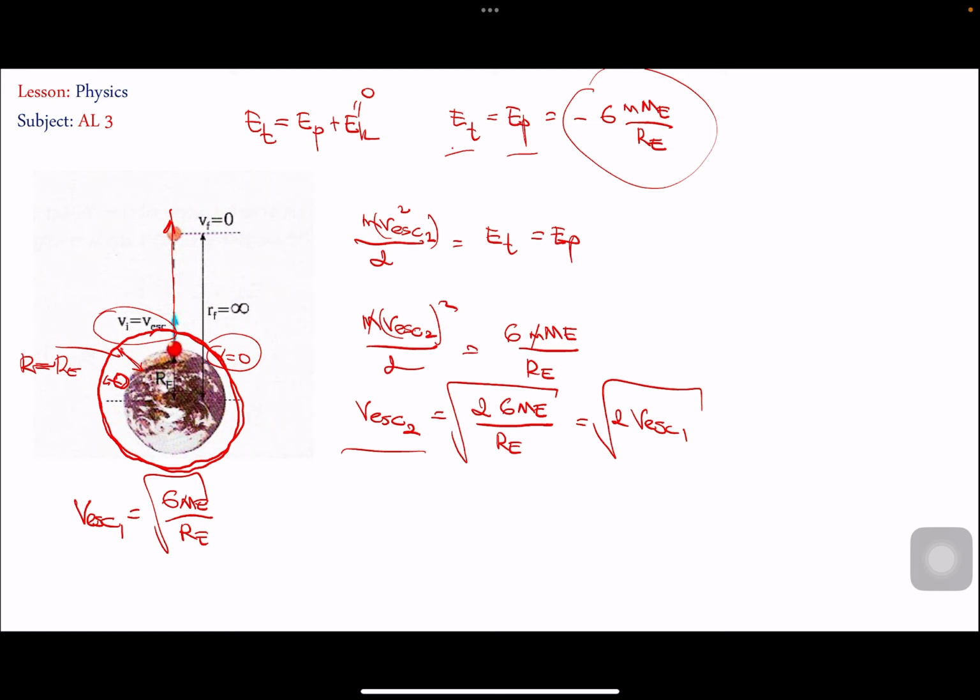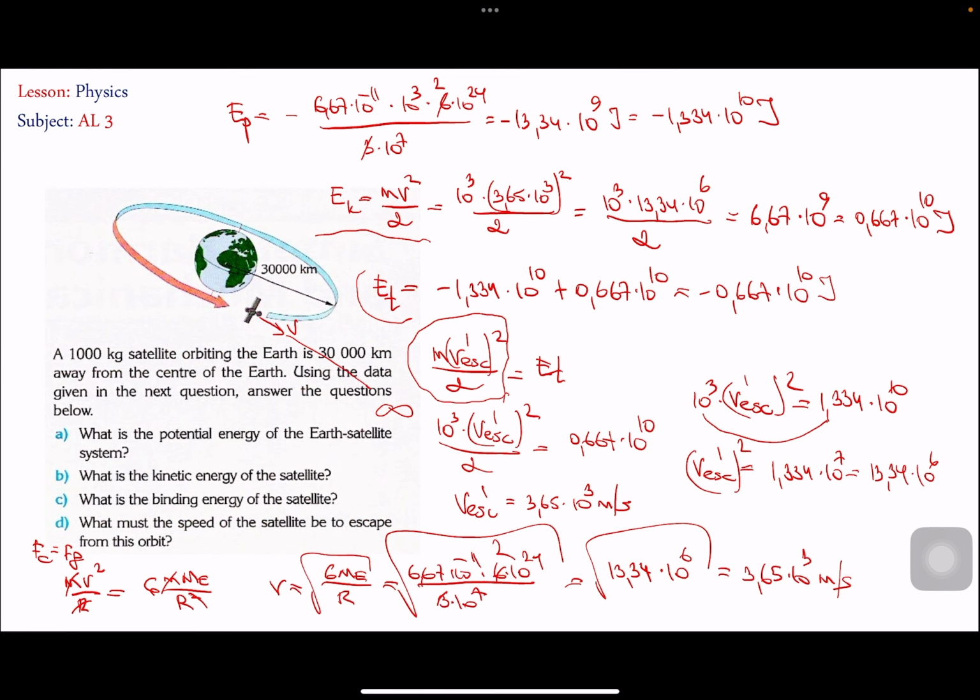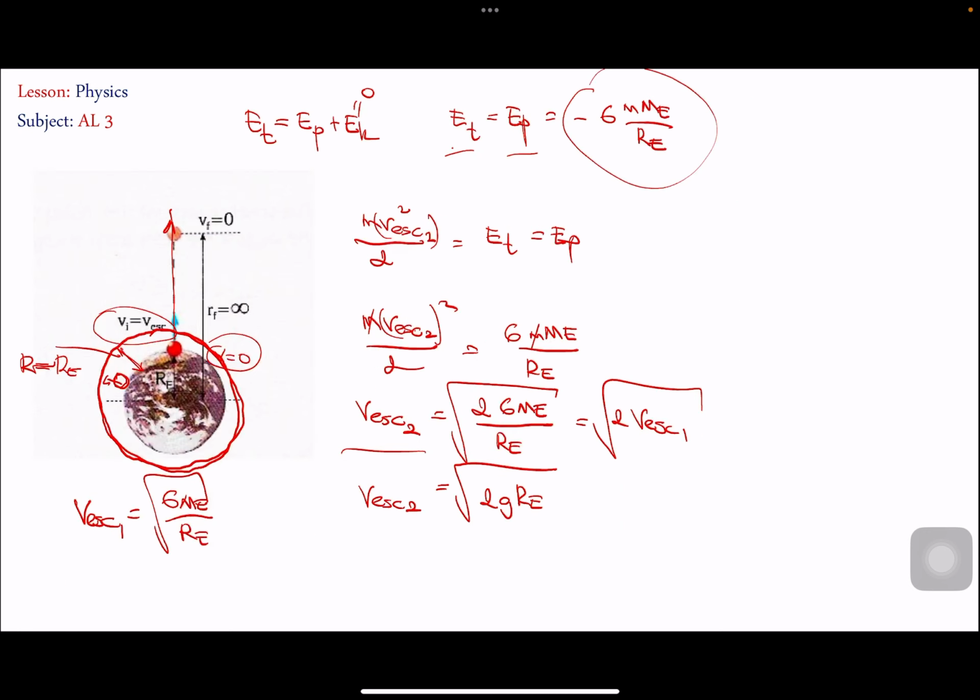I can also write escape speed 2 in terms of the gravity g times radius of Earth. Now, I've already calculated escape speed 1, so let me write this one in terms of gravity.